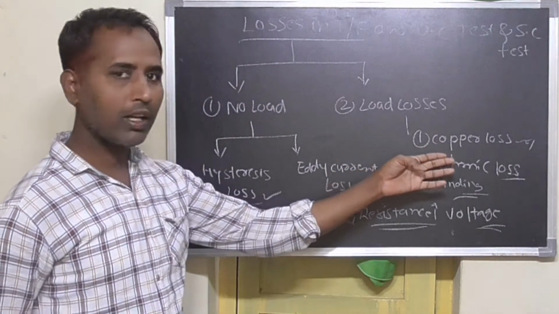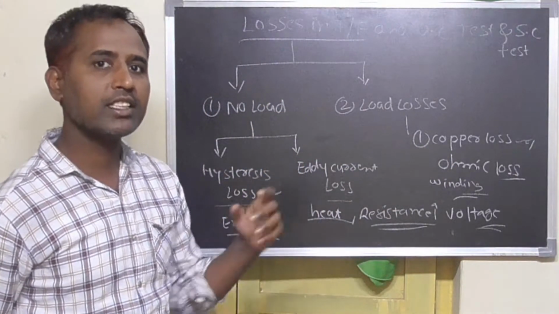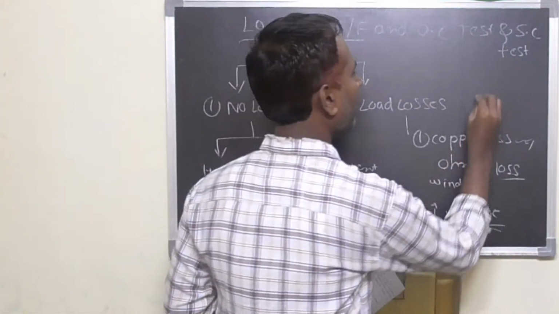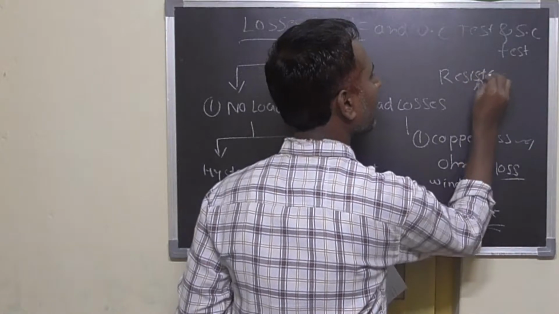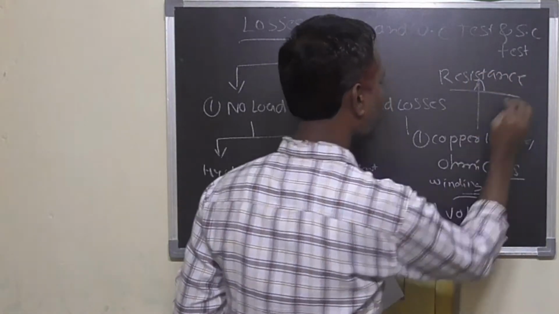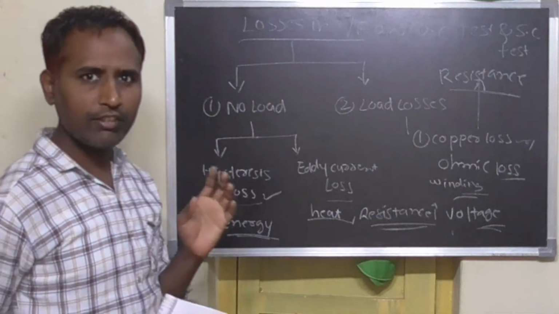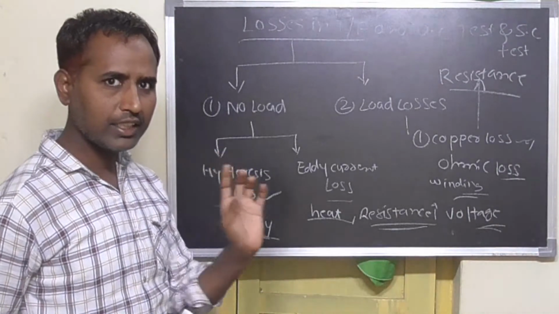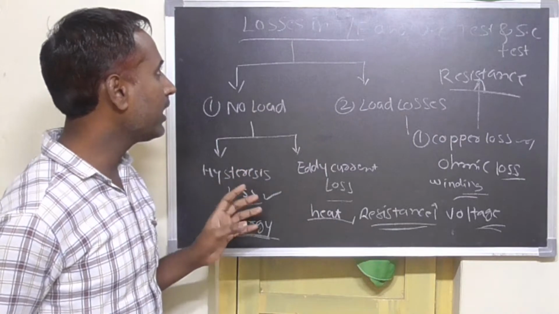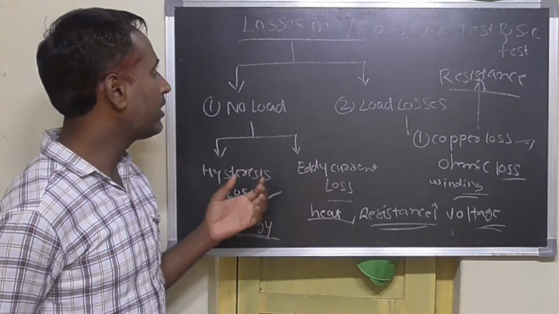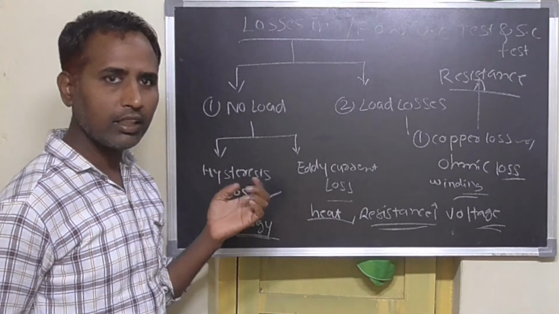In copper loss we lose the resistance. This is a very important point. So friends, this is the basics of losses in a transformer.